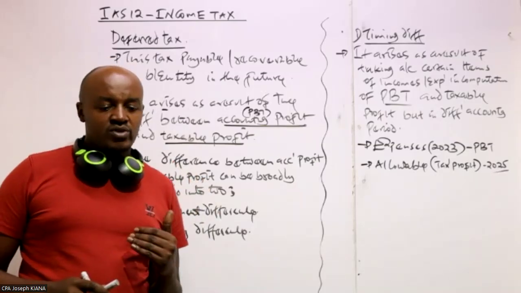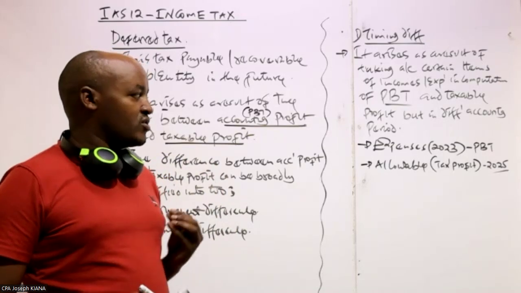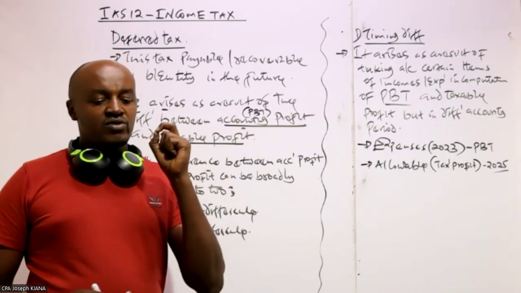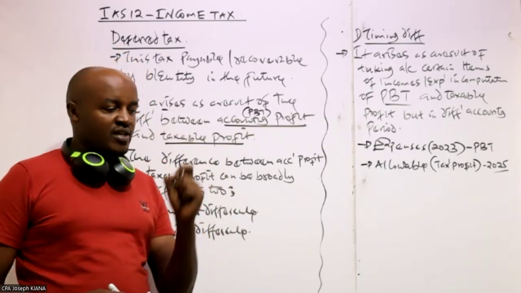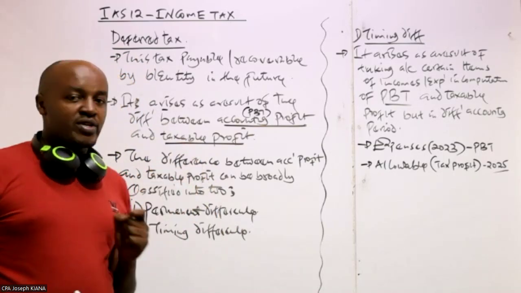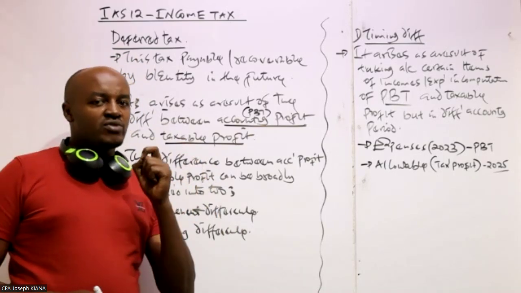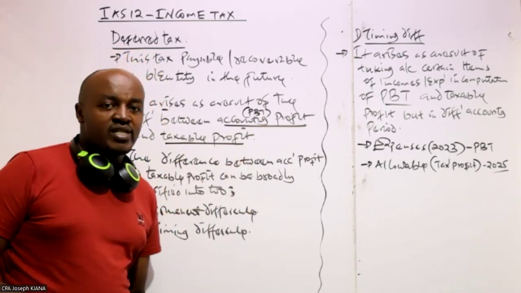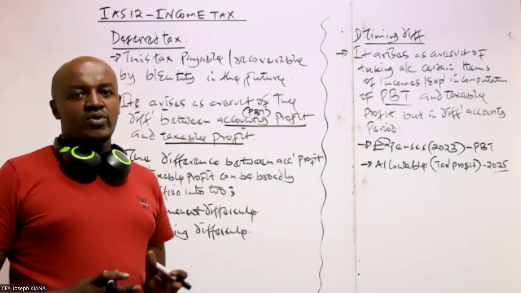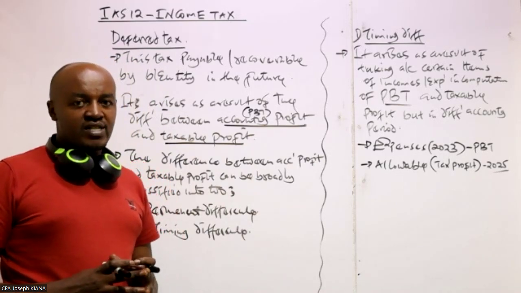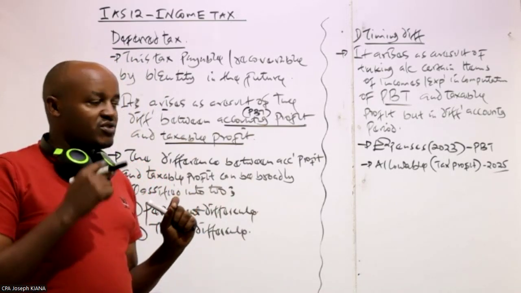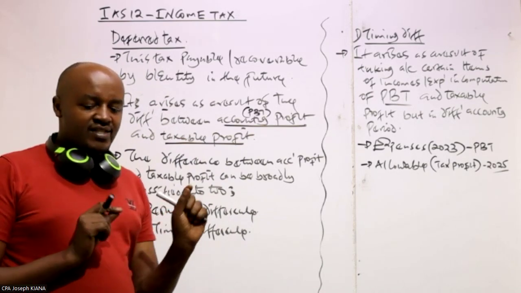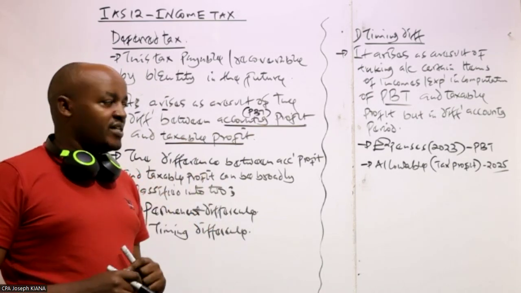That expense is taken into account in computing the accounting profit when it was incurred in 2023, but it will only be treated as an allowable expense in the computation of taxable profit in which year? In the year 2025. So that will make the accounting profit and taxable profit different in the year 2023, and that difference then will reverse in the year 2025.